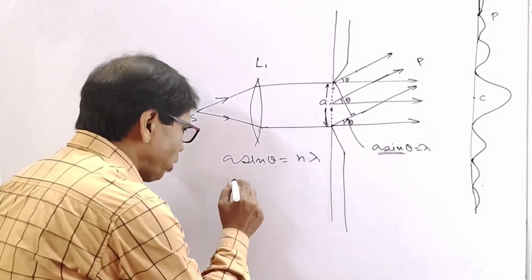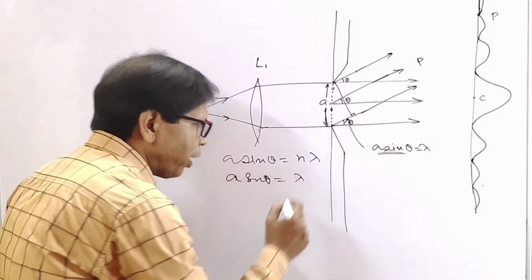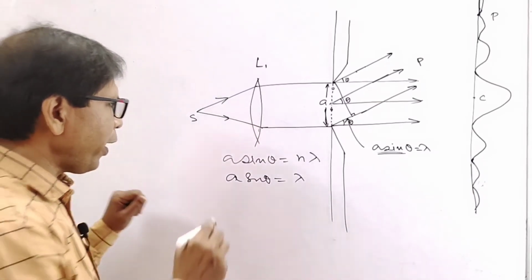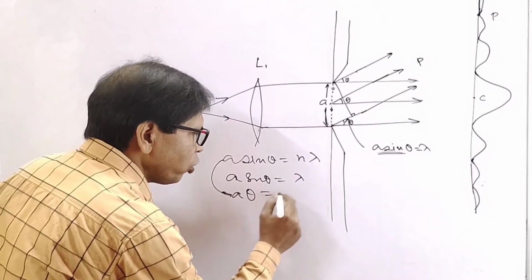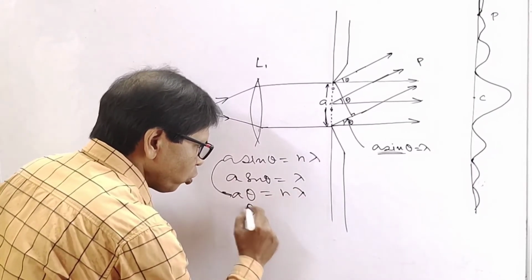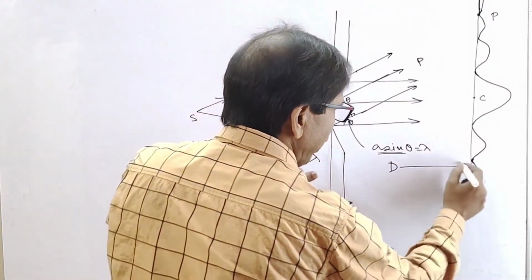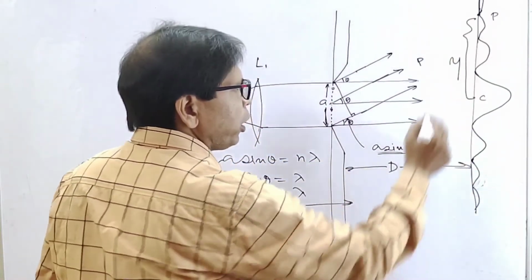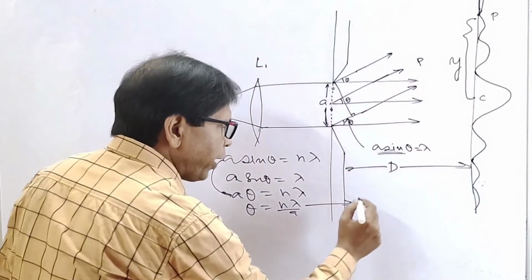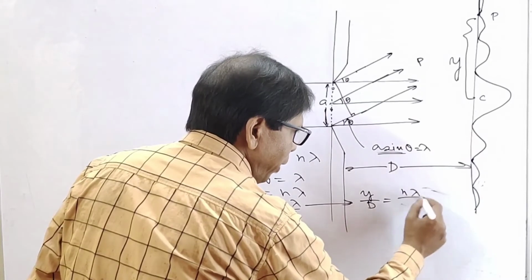Now for first minima, a sin theta equals lambda. Now for nth minima, a sin theta equals n lambda, so theta equals n lambda by a. Now if the screen distance is capital D and the distance of P from C is y, then theta equals y by D, so y by D equals n lambda by a.